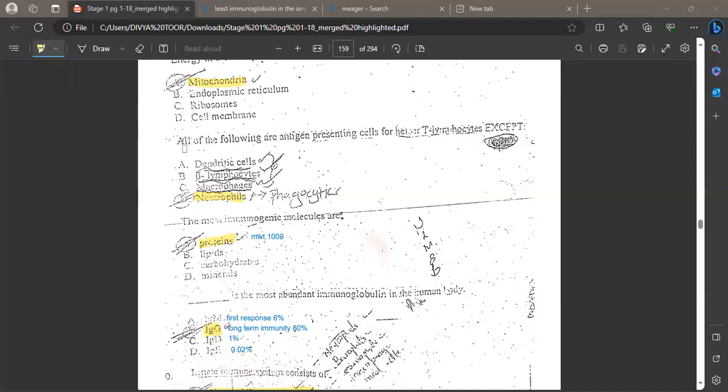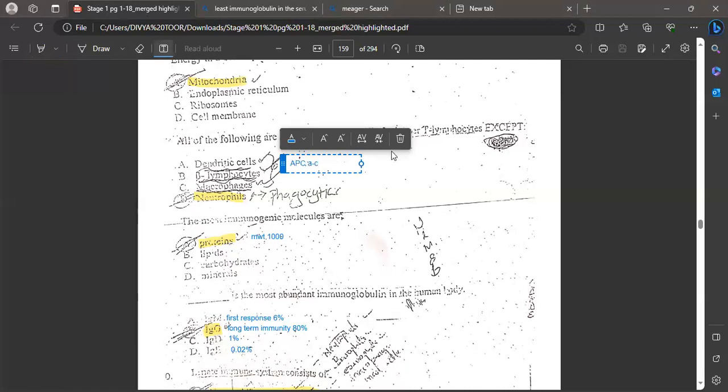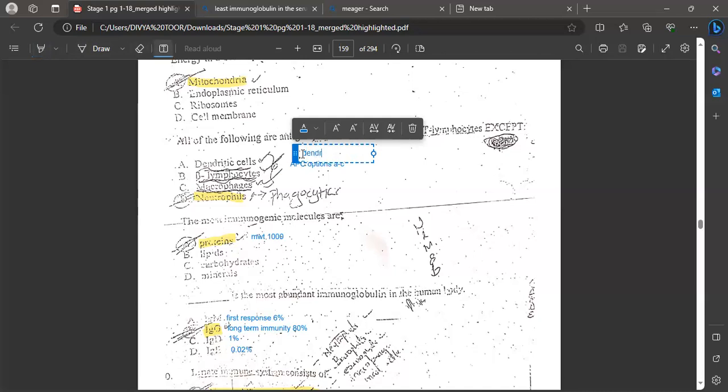Those are the only three antigen presenting cells, and among them, dendritic cells are the best. It's the professional one. It's the most efficient among the three.